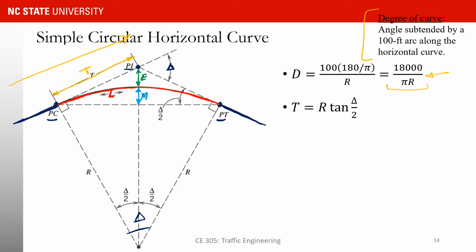So if you focus on this triangle here that I'm showing, in this triangle, tangent of this angle, which is delta over 2, is equal to this length, which is T, divided by this length, which is R. So as a result of that, T is equal to R into tangent of delta over 2.